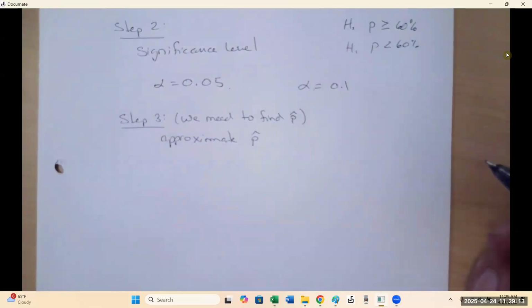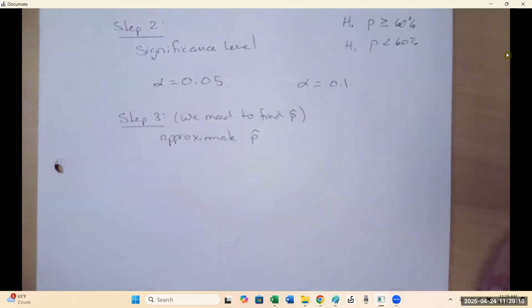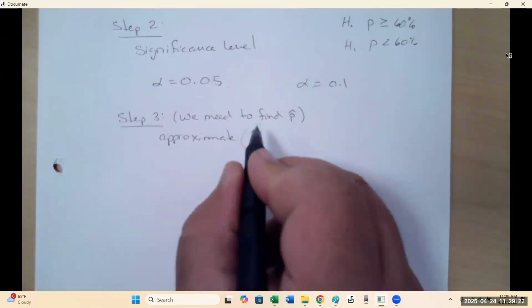It's in the formula. For our Z value, for the statistic, we have to have P hat minus P. So we have to calculate what P hat is.